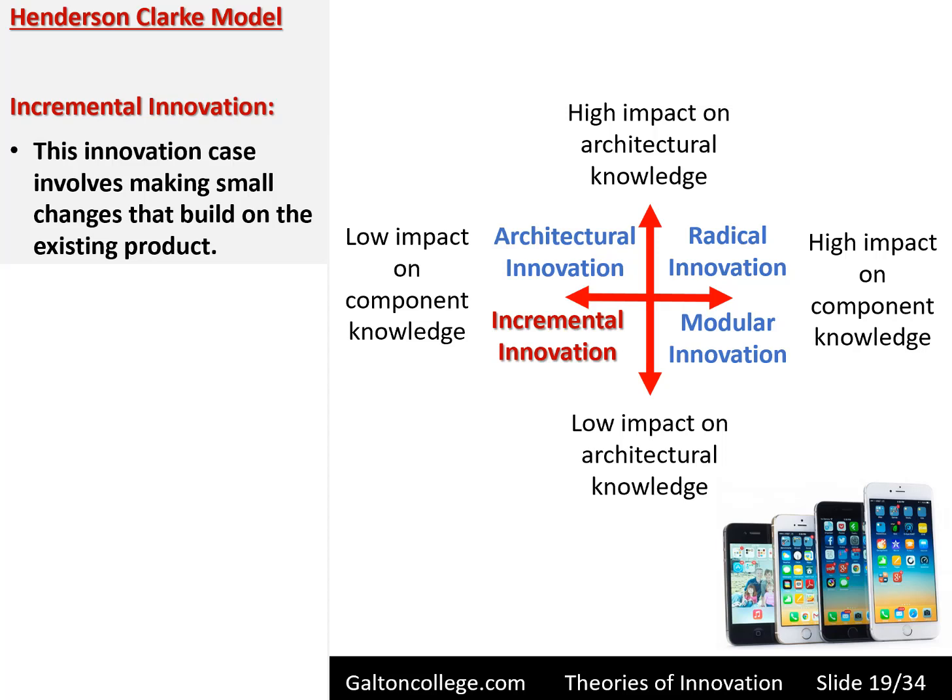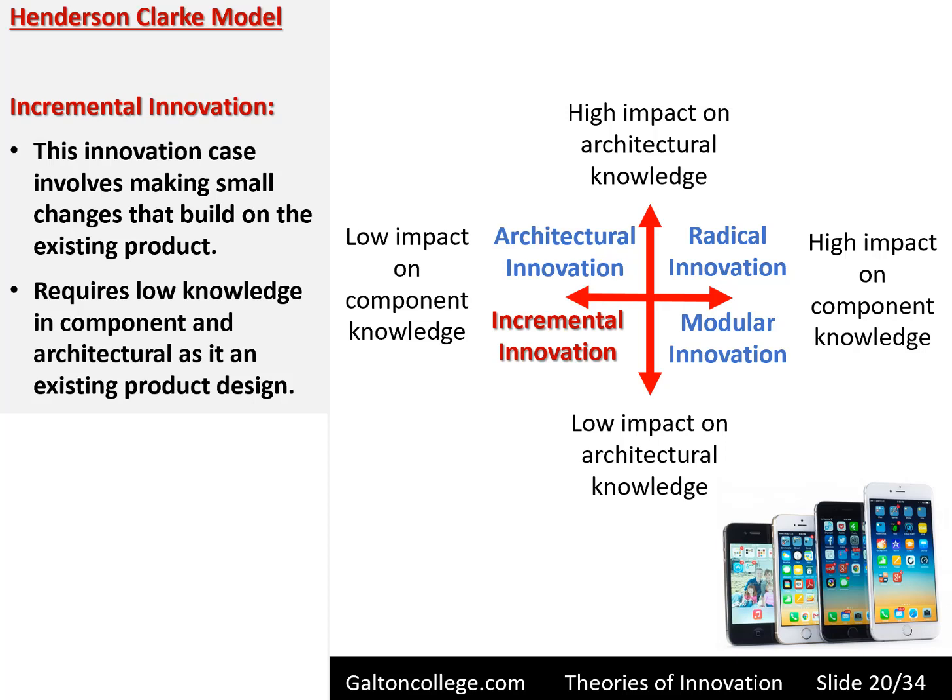This innovation case involves making small changes that build on the existing product. So the existing product broadly remains intact, but some of the components are changed. But it's still the same product. So the architectural issue remains intact. The component part has changed. So it's incremental, it's small changes.